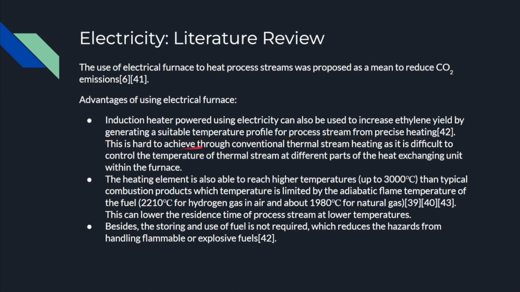This is hard to achieve through conventional thermal stream heating, as in the hydrogen-based and base case. The heating element is also able to reach higher temperature compared to typical combustion products. This can lower the residence time of process streams at the lower temperatures. The absence of fuel also reduces the hazards from handling flammable or explosive fuels.